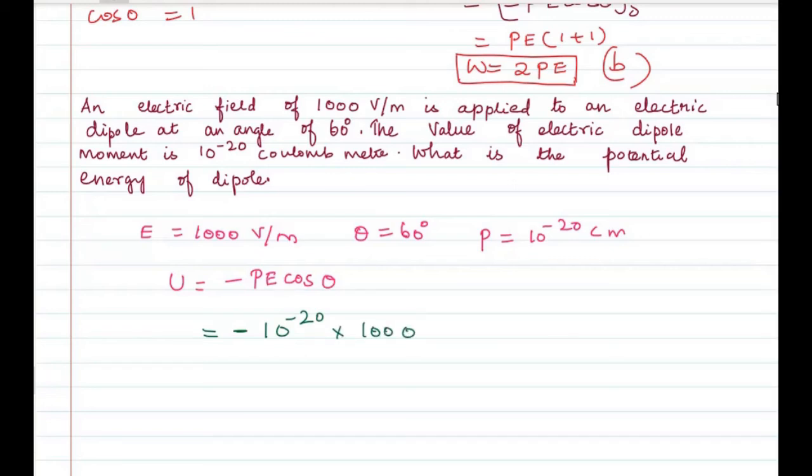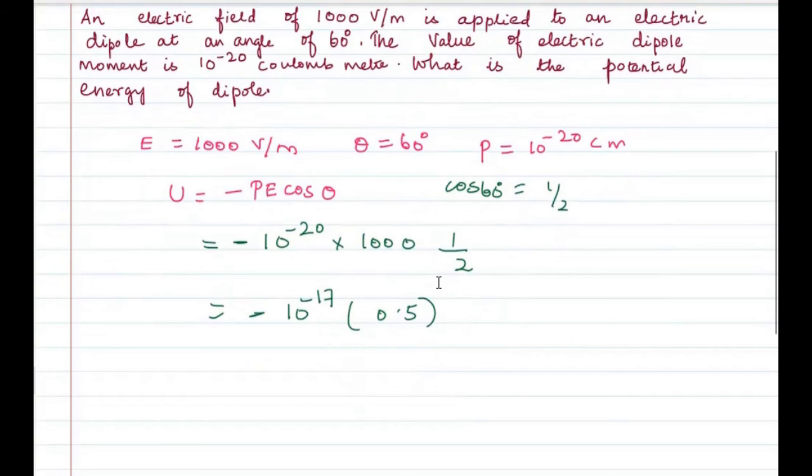Cos 60 degrees is equal to 1 by 2. So we'll get minus, 10 to the power of minus 17 into half, which will be 0.5.